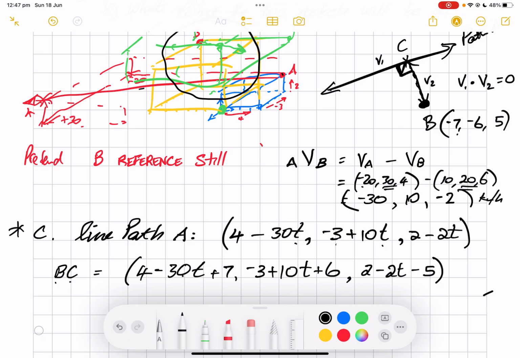All right, that's the vector BC, C minus B, yes.